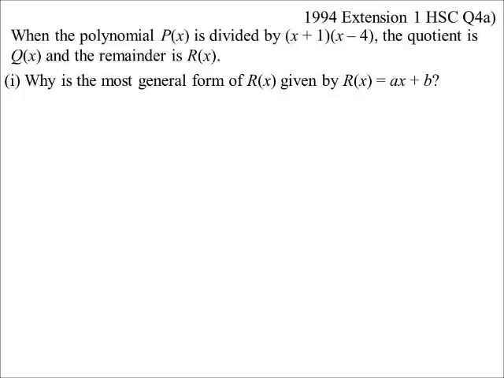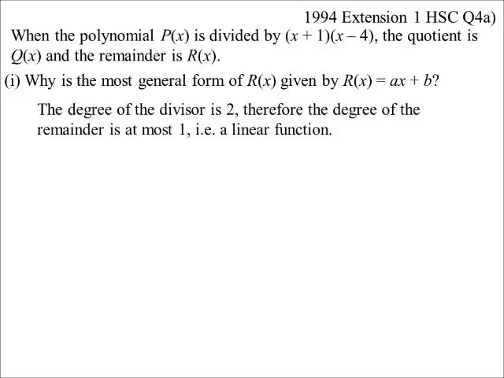The degree has to be less than 2. Exactly. We're dividing by a quadratic, therefore the biggest the remainder could be is a linear function. So a general linear function would be ax plus b. Excellent answer.